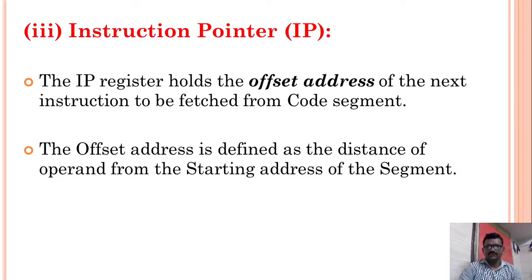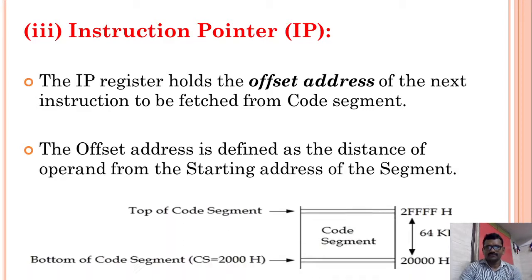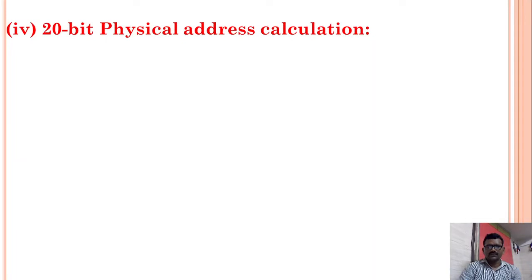And what is the offset address? The segment size is 64 kilobytes. In that 64 kilobytes, the offset address defines a particular address location from the starting address. Next, 20-bit physical address calculation.